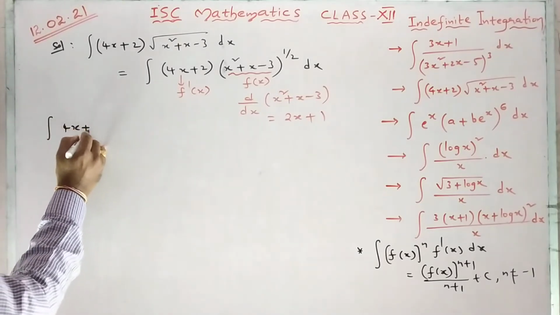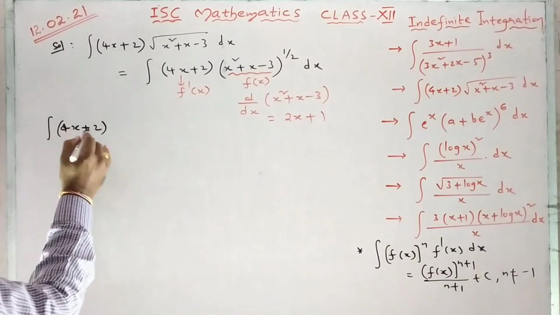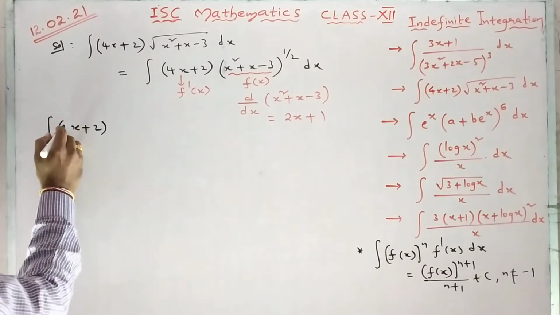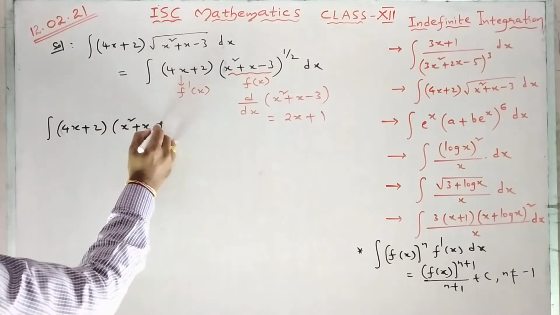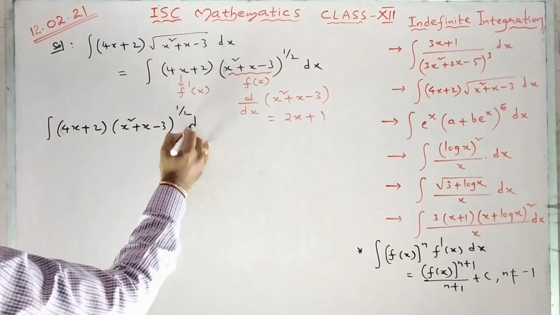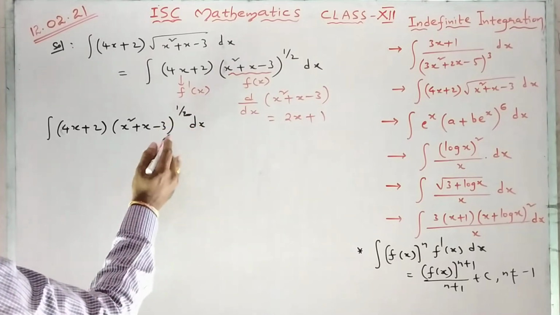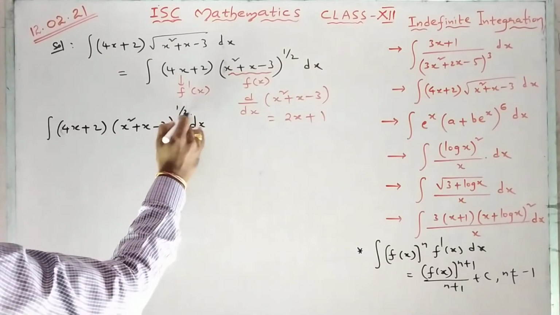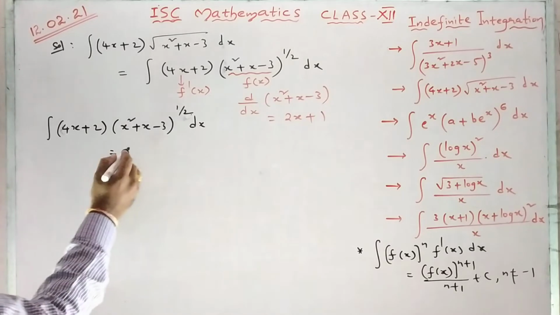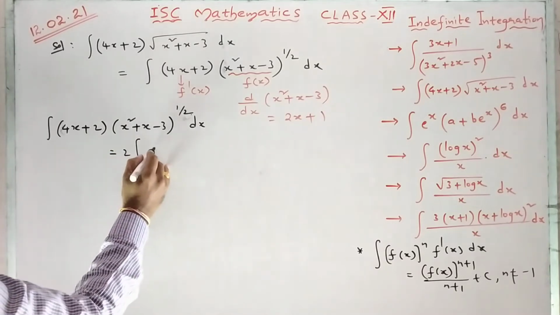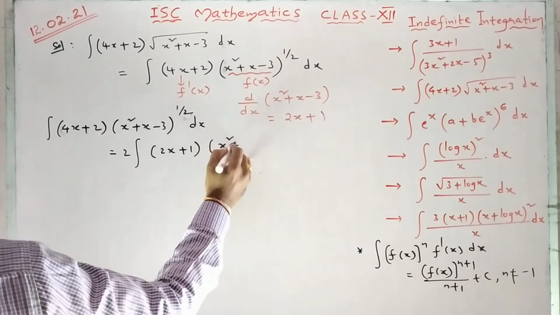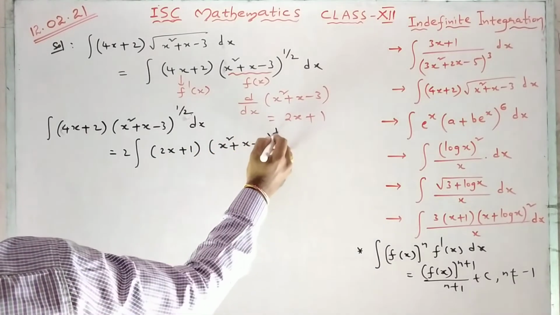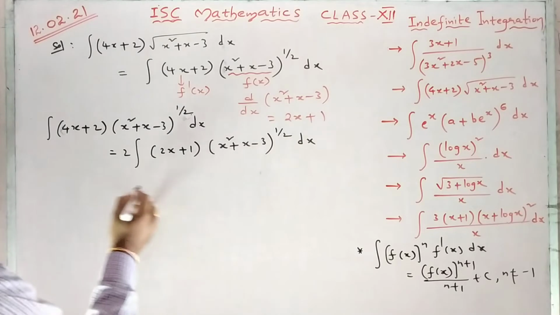Integral 4x plus 2 into (x square plus x minus 3) whole to the power 1 by 2 dx equal to, I will take 2 common in this, then what will you get? 2x plus 1 into (x square plus x minus 3) whole to the power 1 by 2 dx.